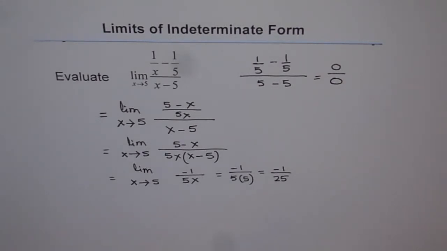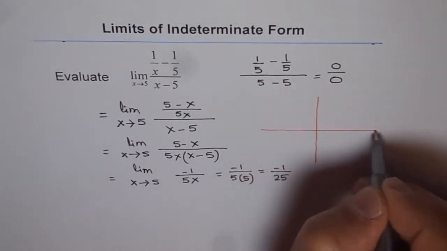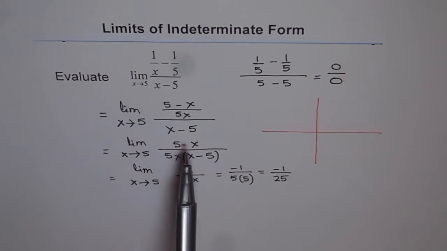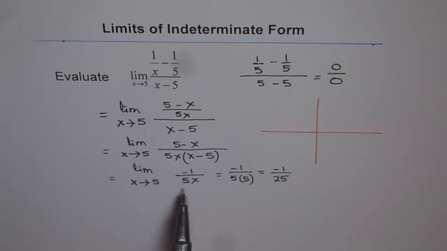Now let me sketch this and show you how it should look, right? So basically what we found was that after simplification, the function is equivalent to −1/(5x), where x is not equal to 5.